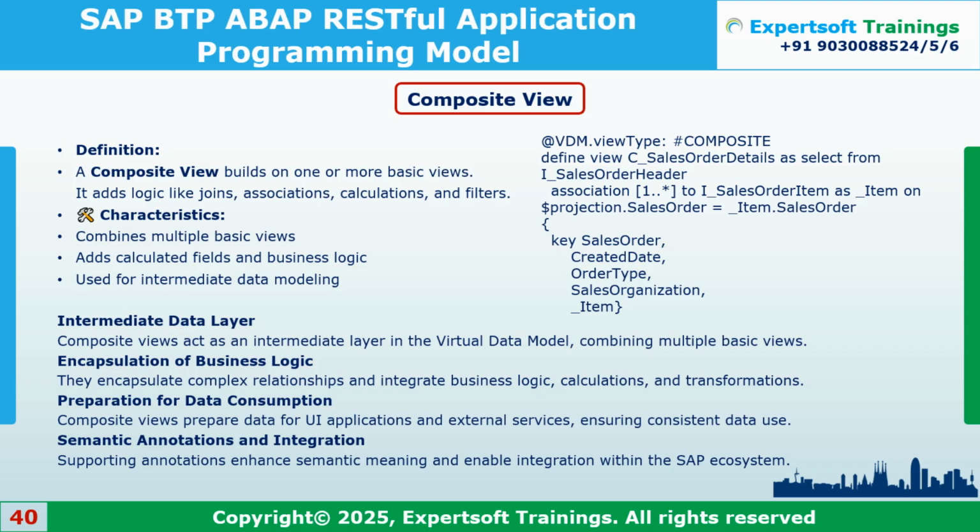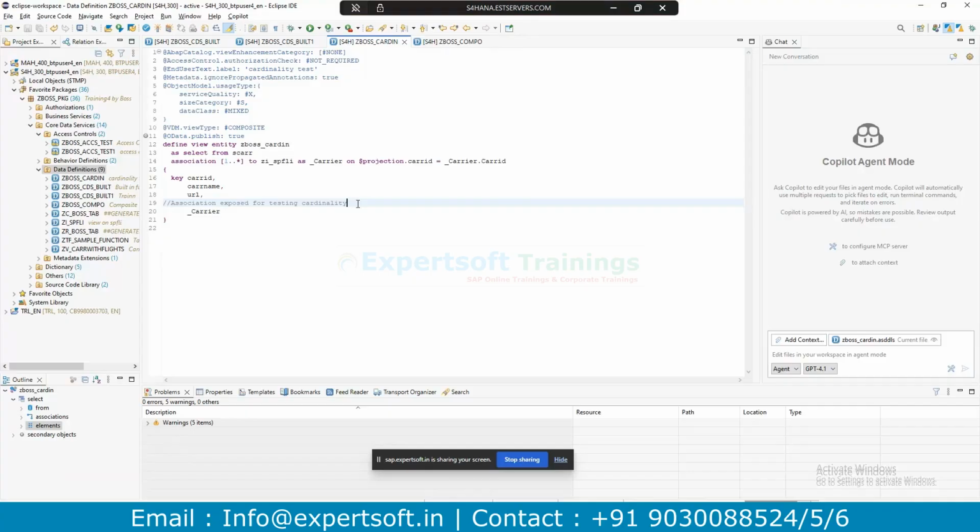Even if you see any of the standard Fiori applications or create a RAP application, you will find the consumption view only, because that view has limited fields to expose.